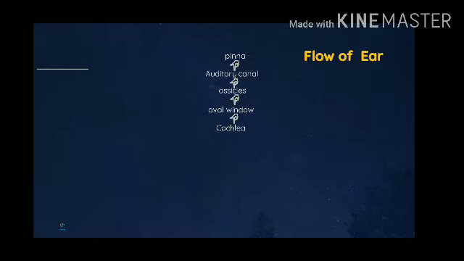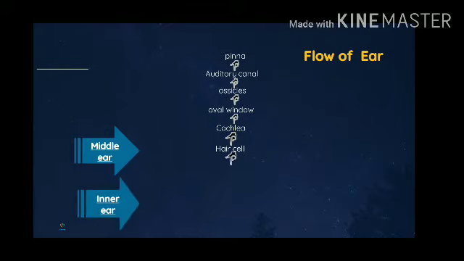Then it passes the cochlea. In the inner ear, the sound wave passes the hair cells. The hair cells convey the sound wave to the auditory nerves, and the auditory nerves convey the sound wave to the brain.